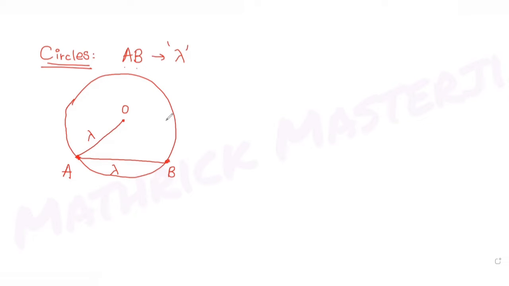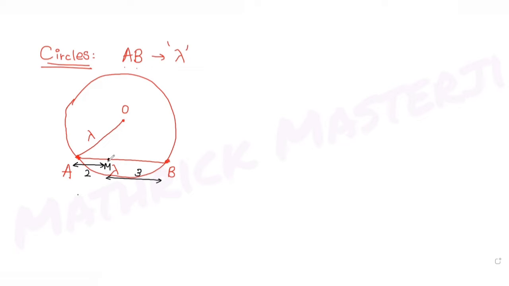The question further asks us to find the locus of the point that divides this line segment AB in the ratio 2 is to 3. So basically there will be some point, let's say M, that divides this entire chord AB of length lambda in the ratio 2 is to 3.